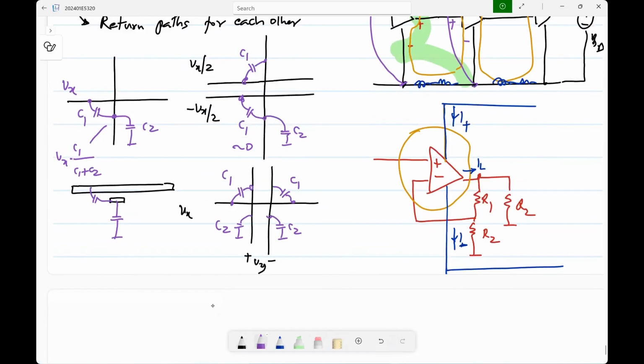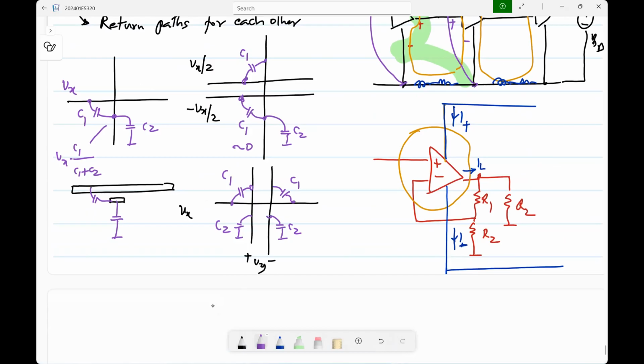What will be Vy? Vx produces the same voltage on the two wires. So if you measure differentially, the effect is 0.